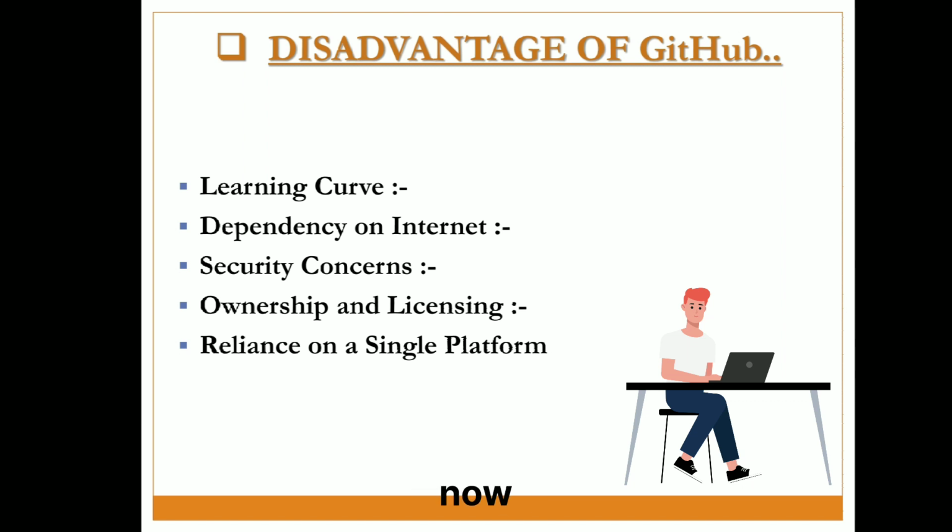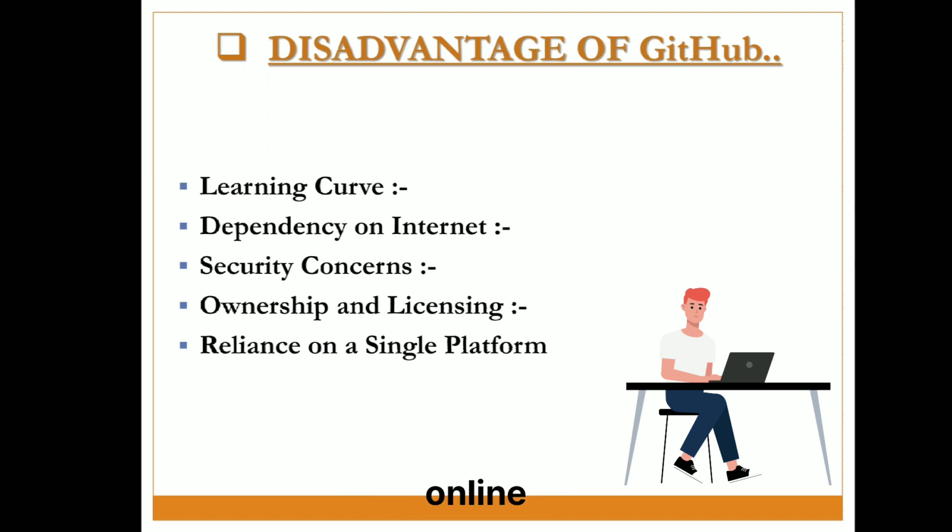Okay friends, now let's talk about the disadvantages of GitHub. The first one is the learning curve. Git and GitHub have a bit of a learning curve, especially for beginners who are new to version control systems. Understanding concepts like branching, merging and pull requests may take some time. Next one is dependency on the internet.